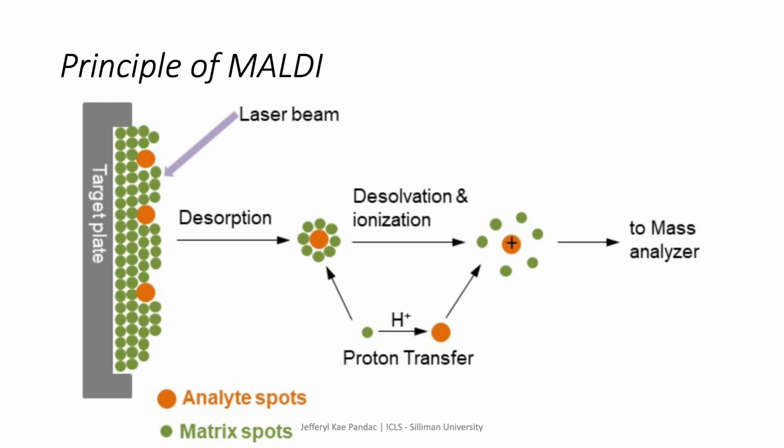During the ablation process, the analyte molecules are usually ionized by being protonated or deprotonated with the nearby matrix molecules. The most common MALDI ionization format is for analyte molecules to carry a single positive charge.